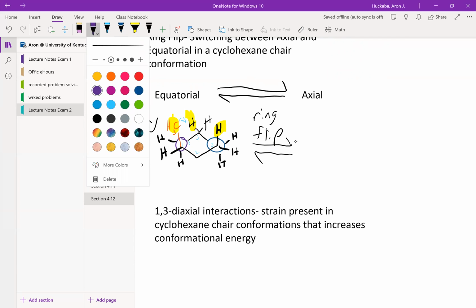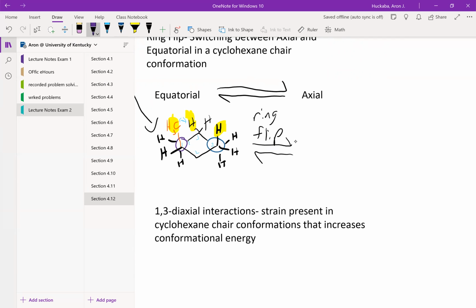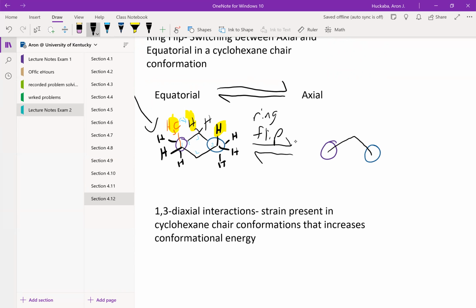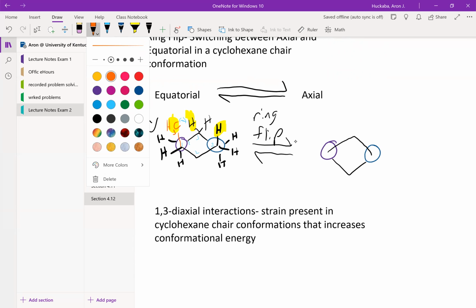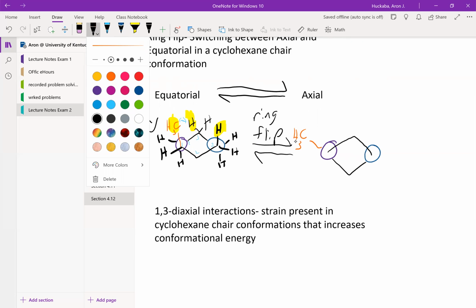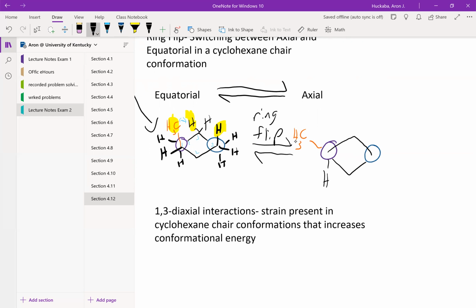And so now, if we redraw the Newman projection of a cyclohexane here, but again reversing the direction, because what was the bottom is now the top, and what was the top is now the bottom, then we see that the CH3 now becomes equatorial, while the rest of the hydrogens also change.